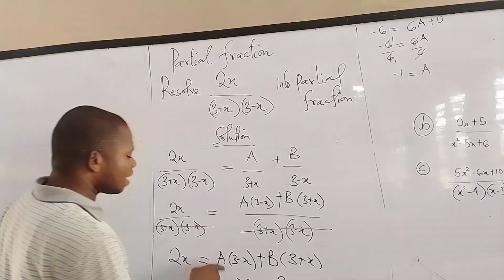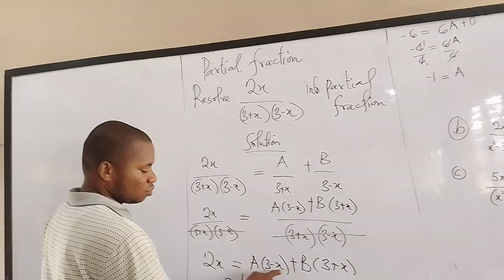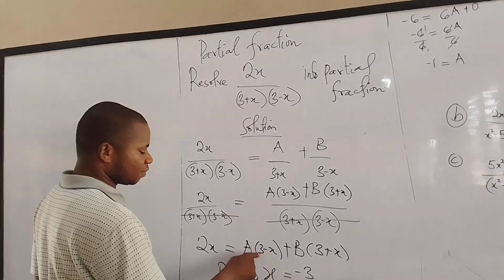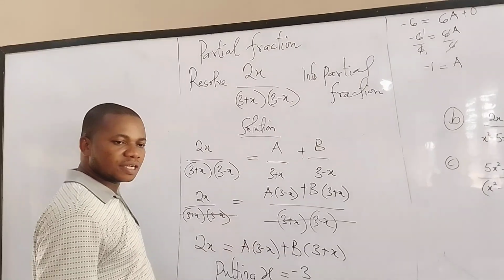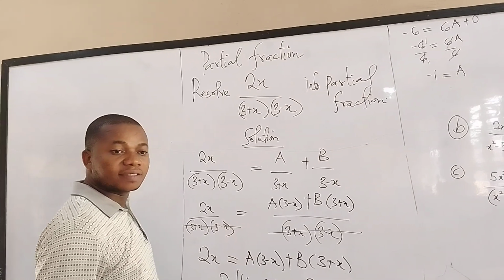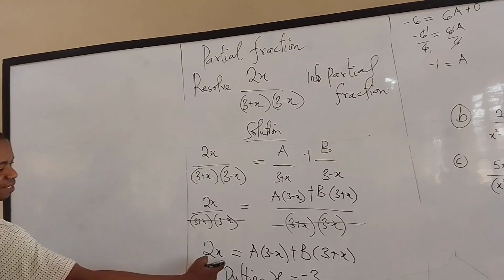Now you ask yourself, what is the value that you're going to represent x with, such that if you subtract it from 3, the answer will give you 0? x will be 3. You now repeat this back.